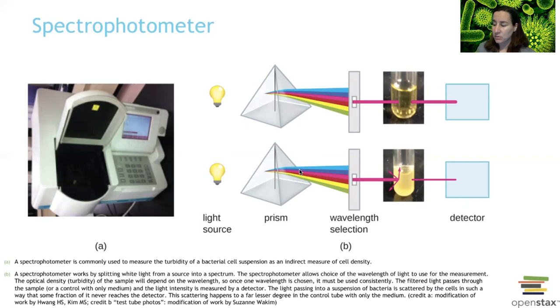The spec machine is going to measure transmittance, how much light goes through the material. If we were looking through water, it's going to transmit better than if we were looking through a can of Coke. That would not transmit better. So here we've got a very clear solution. We've got brand new media here.